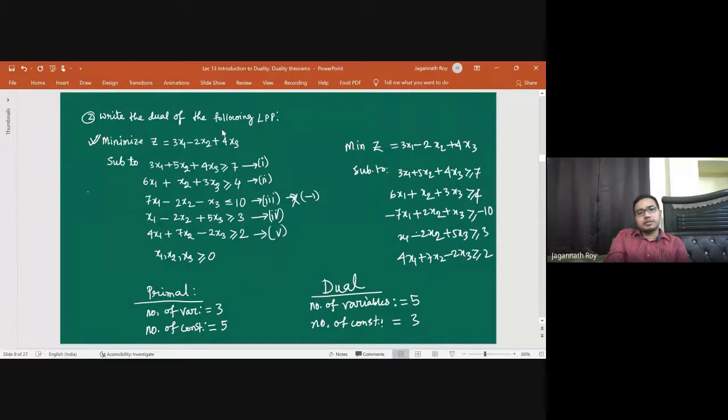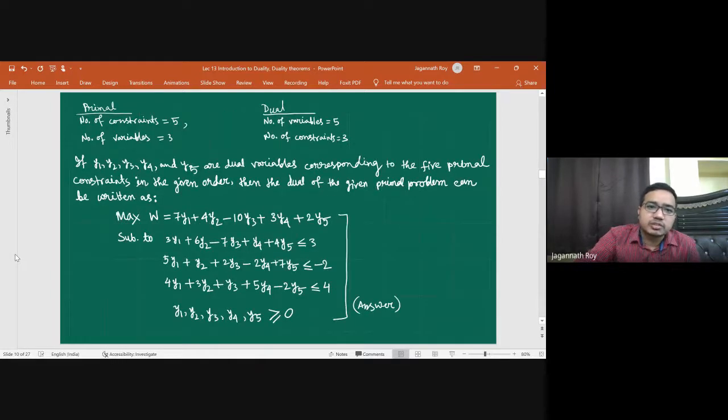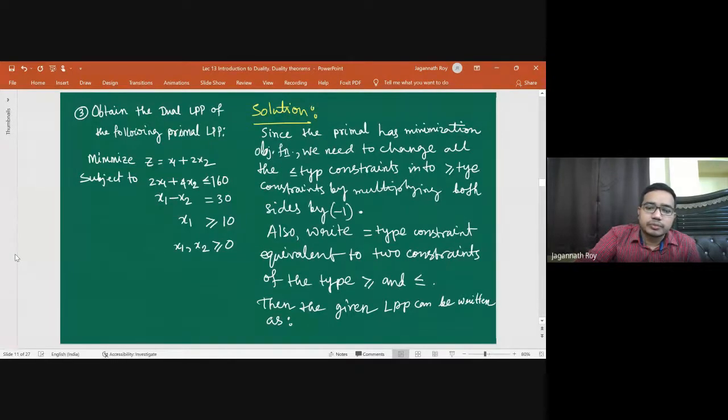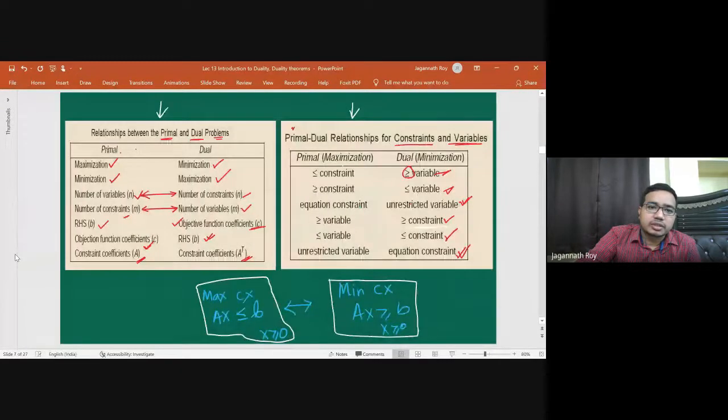So we are supposed to make it a maximization problem, write it as maximization, convert the criteria into less than type, and then apply, and there will be many substitutions. But once we know these relations, we can directly go to the solution.